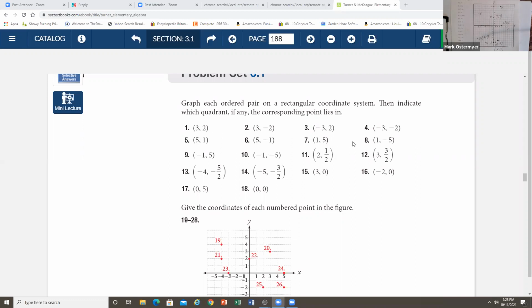And we'll check your results. Next to the point, you can put the problem number. Like when you plot 3, 2, put number 1 next to that point. So try 1 through 8 here. This will be classwork number 1. Plot these points in the XY plane, 1 through 8. Classwork 1.